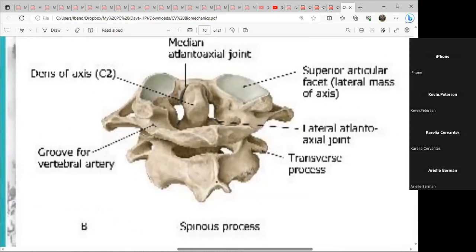Good. If you look at this, we see that the dens is in the anterior joint, and C1 spins on C2. We won't go into the ligaments; we're just going to look at the biomechanics as if there were no ligaments here at the moment. C1 is a spinning joint. We'll pull up the condyles on an anatomy app in class. C1 pivots around the dens.